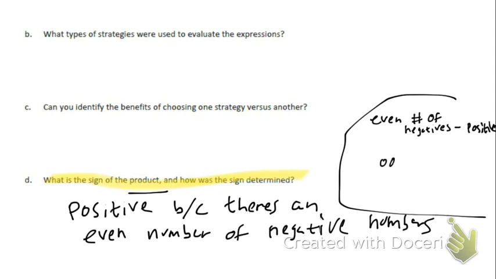If you have an odd number of negatives, your answer is going to be negative. Keep in mind, this is only for multiplying or dividing. So keep that in mind. Make sure you have that written down so you can use that as a strategy to check your answer later on.